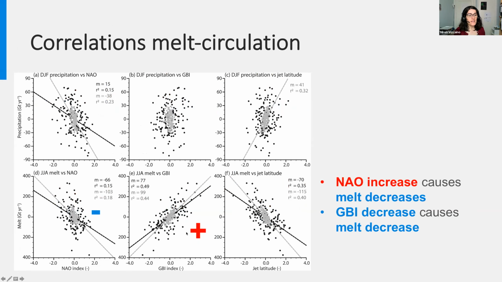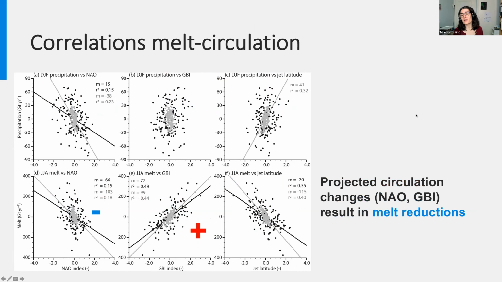Okay, and this is the correlation with the melt. So melt decreases with the NAO and increases with the Greenland blocking index. Therefore, we have melt decreases from the increase in the NAO, and melt decreases from the GBI decrease.